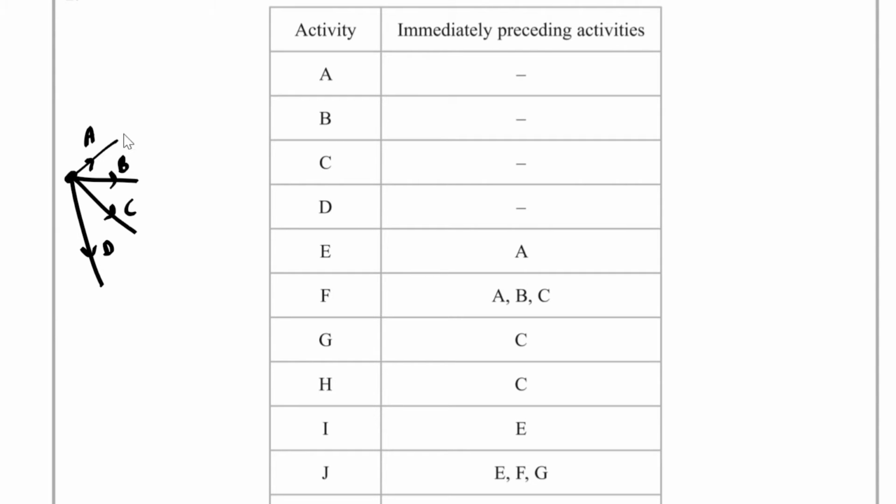E depends on A, so E goes here. F depends on A, B and C. So suppose F goes out over here. Well, F depends on B and C as well, which means I need a dummy over here and I need a dummy over here. Then I've got G, which depends on C, so that's fine.